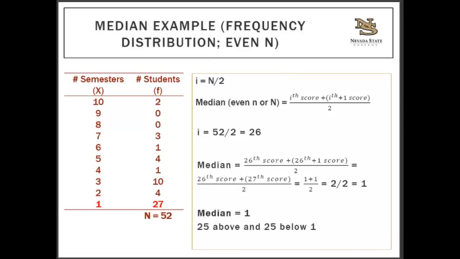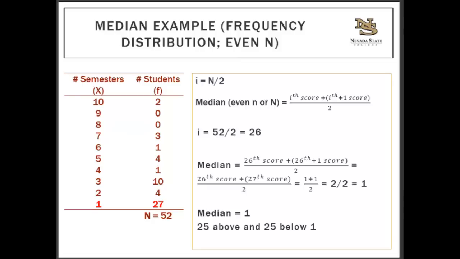Here's an example when we have an even population size. So we're going to have those 2 midpoints that we need to find the mean of to locate what the median is. So using our median index of n divided by 2, 52 divided by 2 is 26.